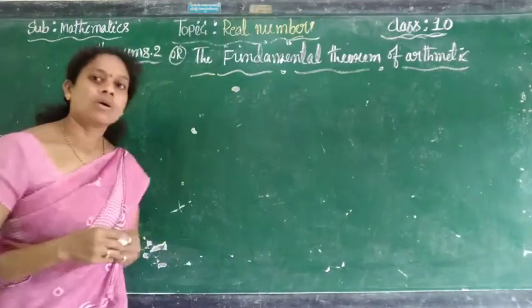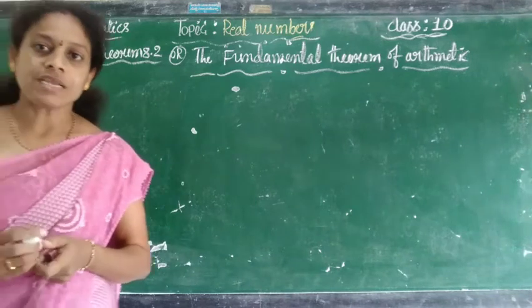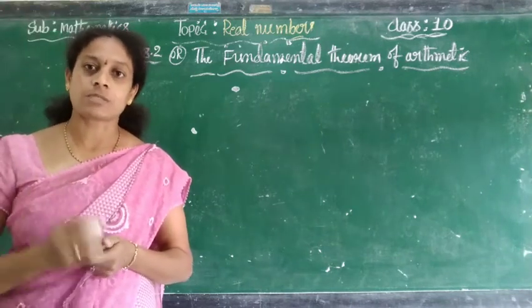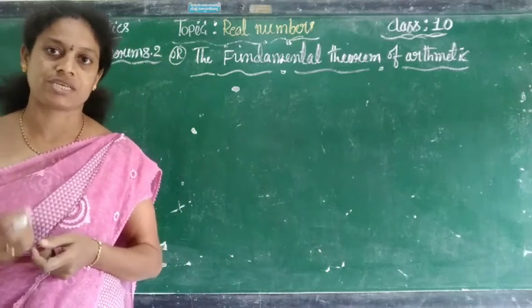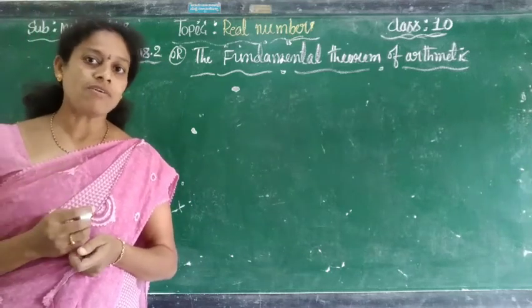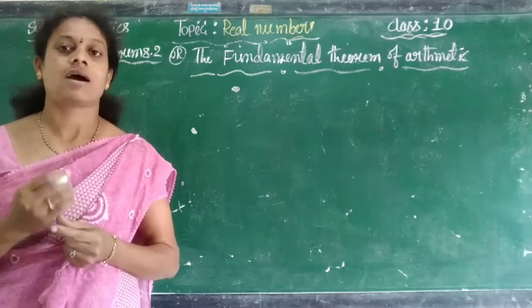So, what is the fundamental theorem of arithmetic? Every composite number can be expressed as the product of primes, and this factorization is unique apart from the order in which the prime factors occur.